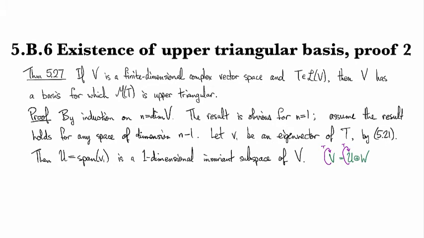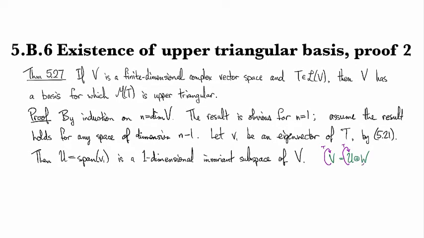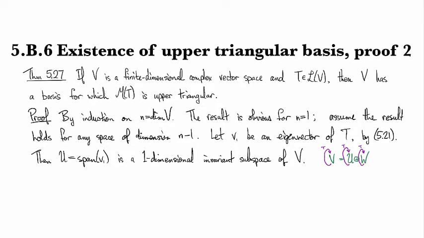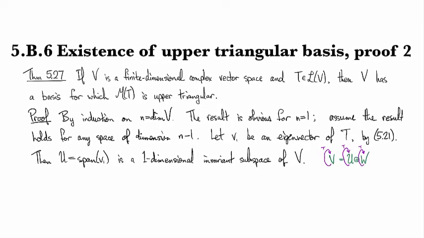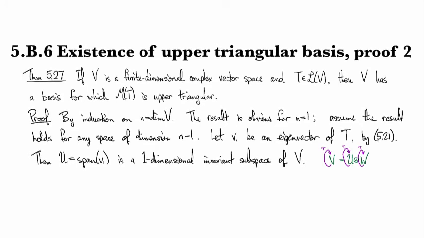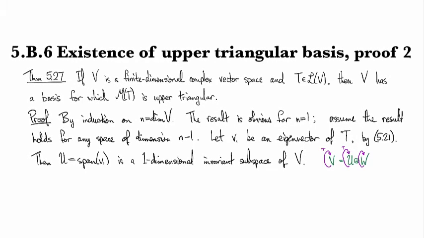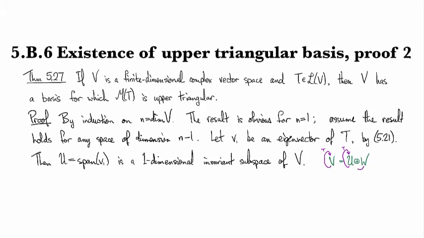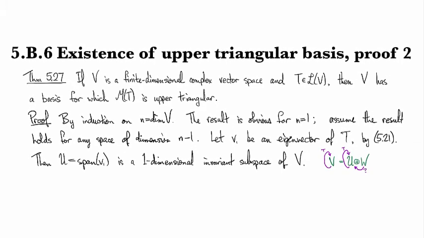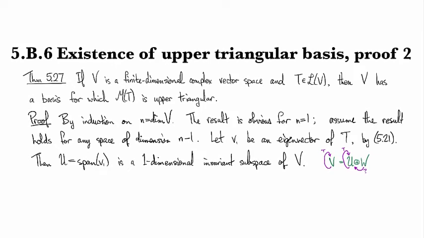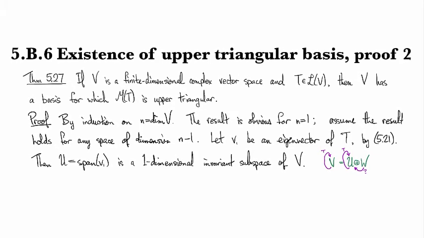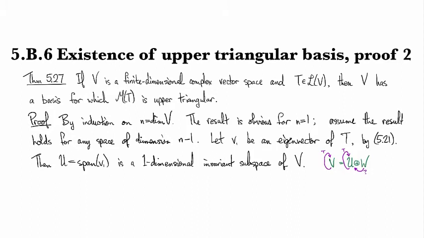And so then you'd like to say, well then it must map W to itself. Wait, no, that's not necessarily true. It's perfectly possible to have T mapping things from W into U. That might happen. Okay, so W is not invariant under T.